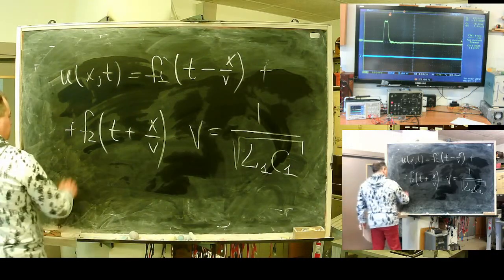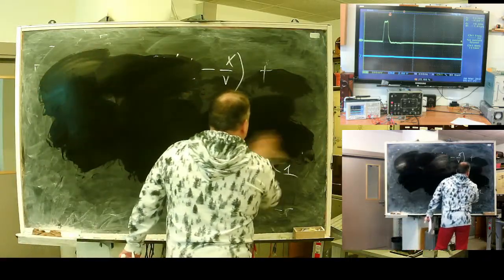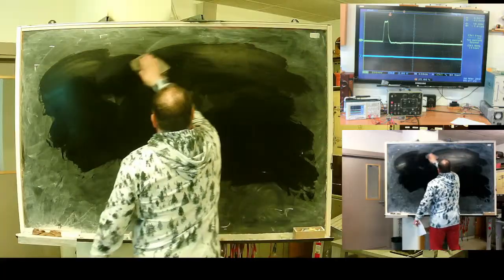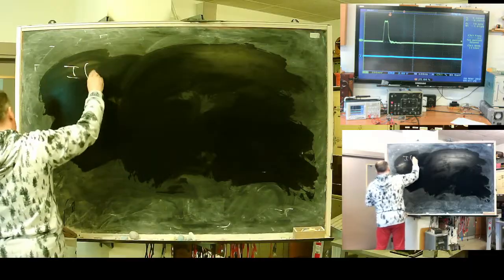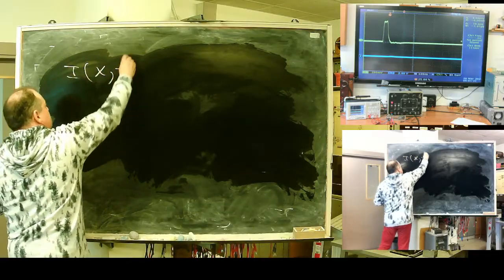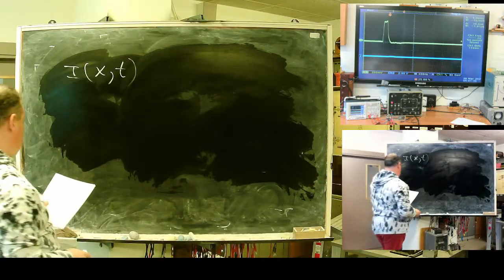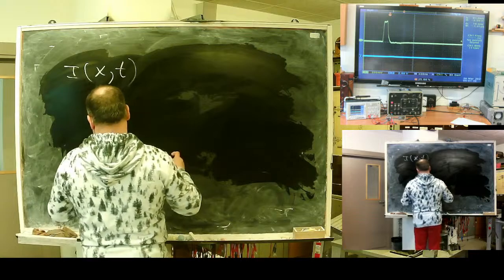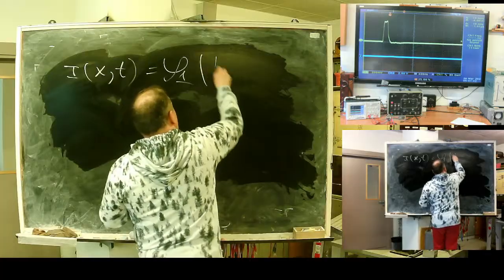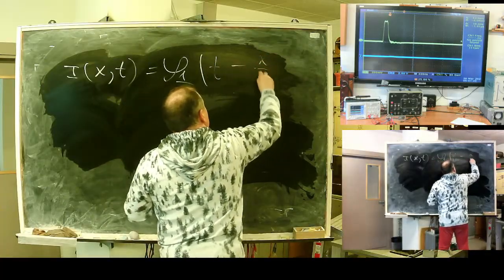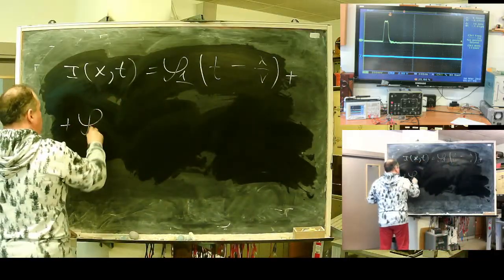Current here can be presented, of course, as a function of distance and time. X is distance, t time, so it will be the direct wave or falling wave plus the backward going wave.